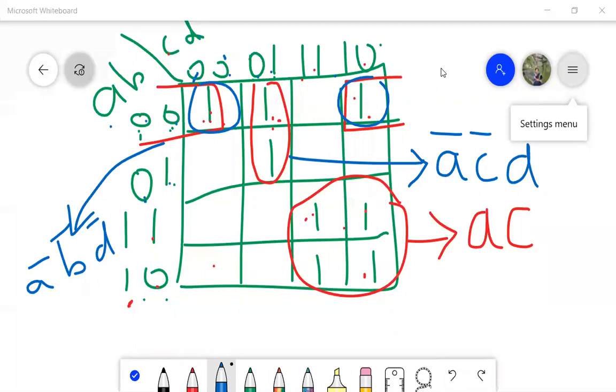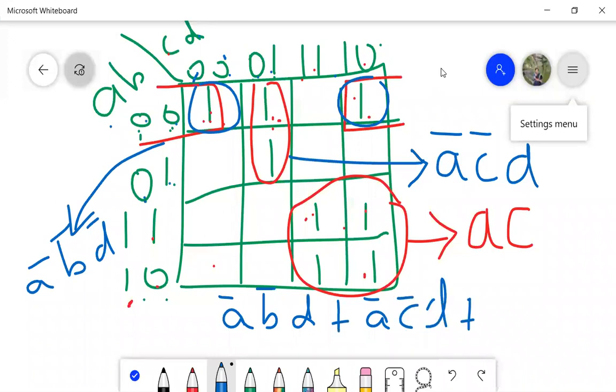The simplified expression will be A bar B bar D plus A bar C bar D plus AC. This is the simplified expression for the given logic, or the essential prime implicants. Let us see what is just a prime implicant.